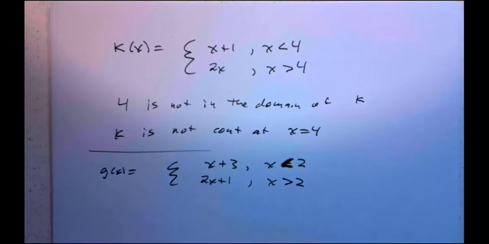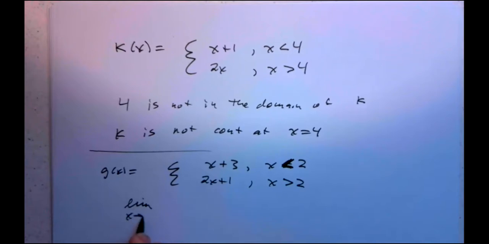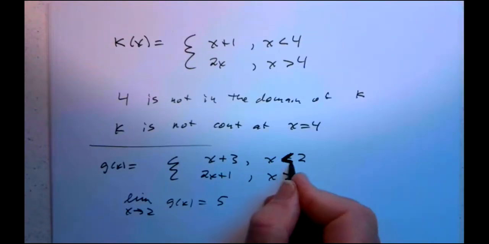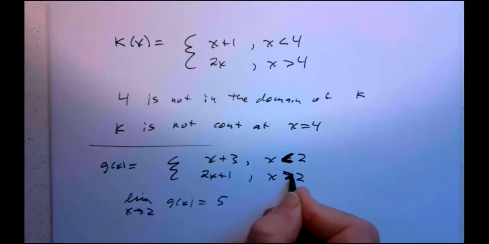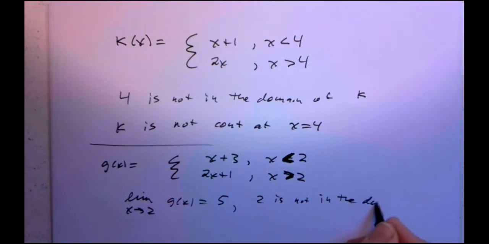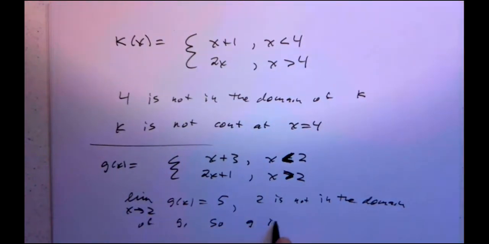So that's also heading to 5. So the limit exists, right? The limit as x approaches 2 of g of x will indeed be 5. But again, 2 is not in the domain. That's less than, that's greater than. There's no value. 2 is not in the domain of g. So g is not continuous at 2.